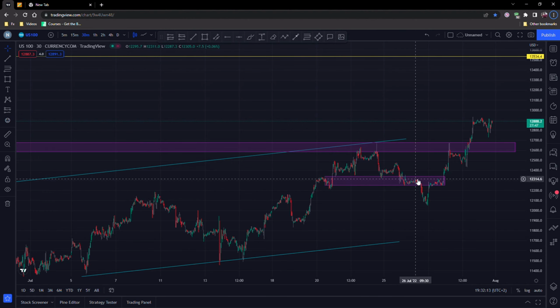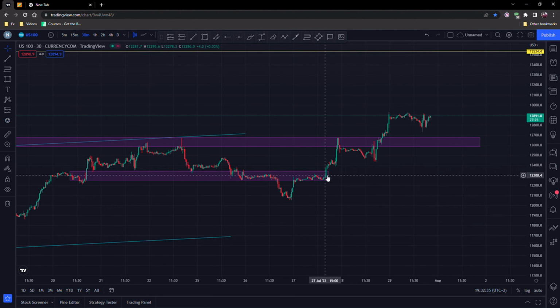We have the hammer, the doji, and then the engulfing, and it came back once it reached this consolidation area again. Same direction it was consolidating. At first, while consolidating, this was still a support, but while it's consolidating again, at this point it is now a resistance.